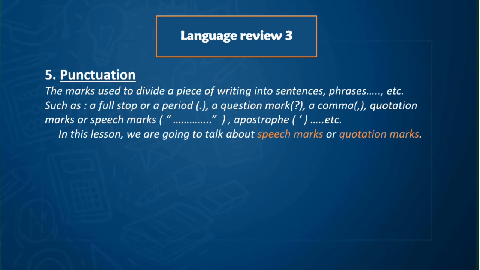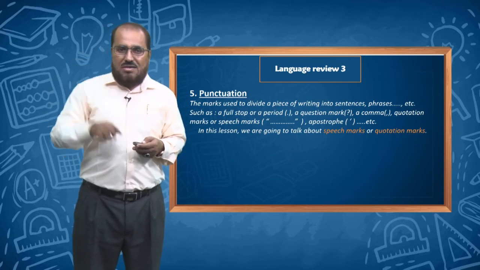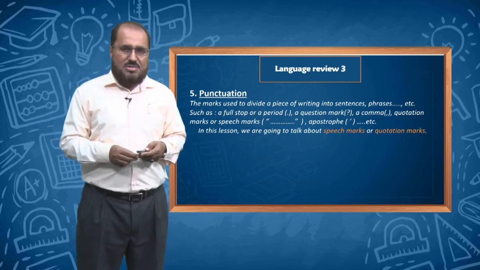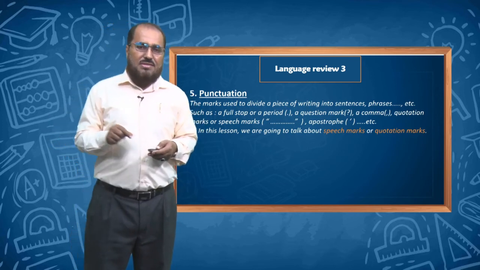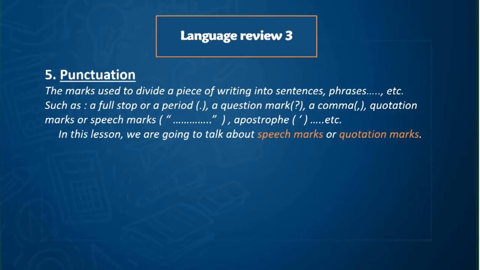This is called quotation marks or speech marks. You see. Also the apostrophe, for example, that is a part of punctuation. But today, inshallah, at the end of this lesson, we are going to talk about speech marks.